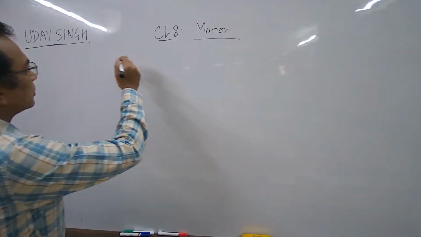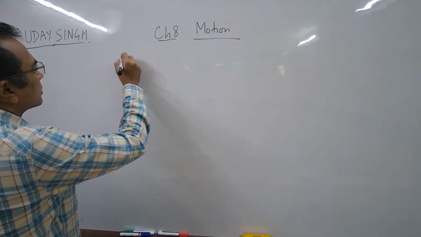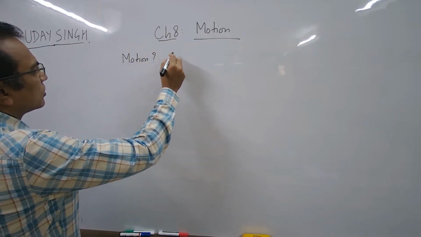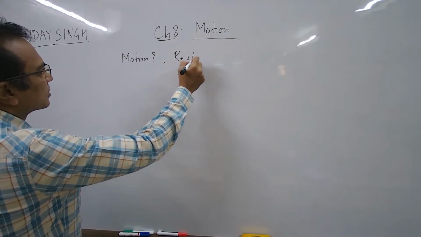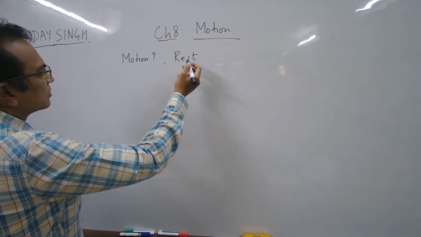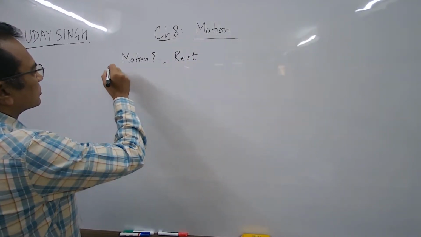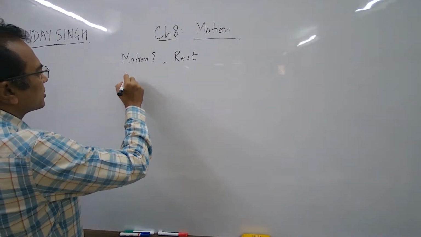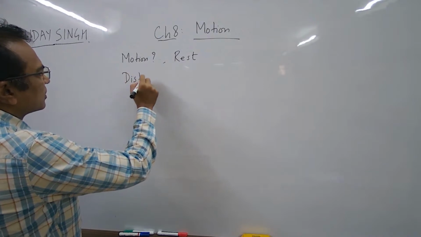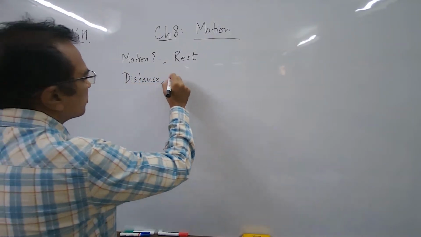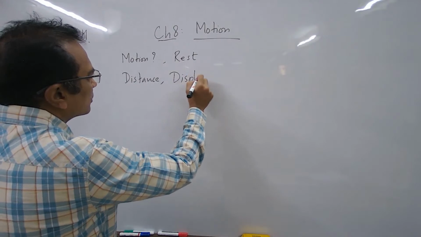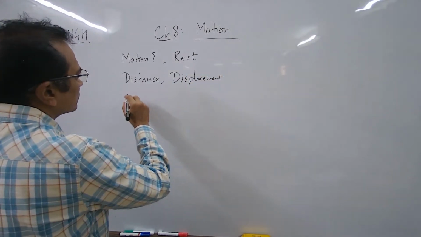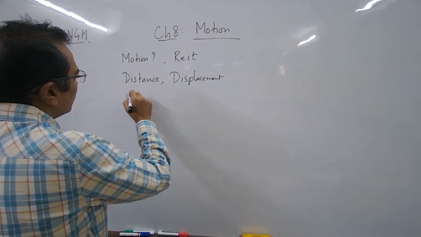So today we'll understand what is motion, rest, types of motion, right? Concept of distance, displacement, and then uniform motion.